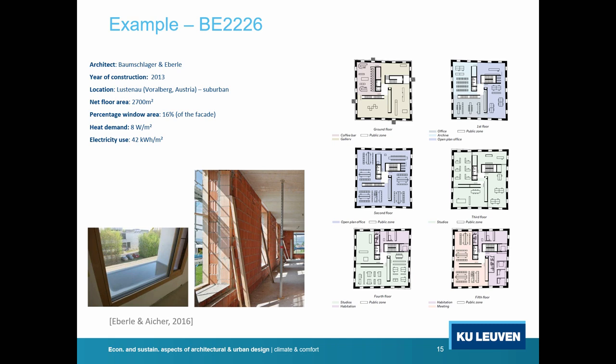The outside is plastered, and the inside, they don't use a gypsum plaster, which we typically do, but a lime plaster, which is better for regulating humidity. It can take up humidity and release it again, so it's a regulating layer for humidity inside. When you ever have the chance to visit the building, it's really worthwhile, because you feel inside that it's a different finishing layer. It really has a different effect.